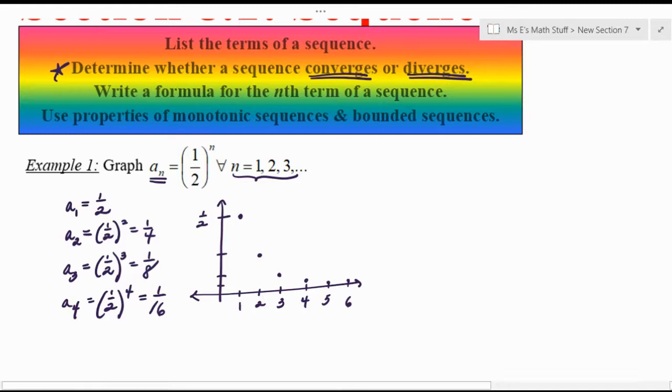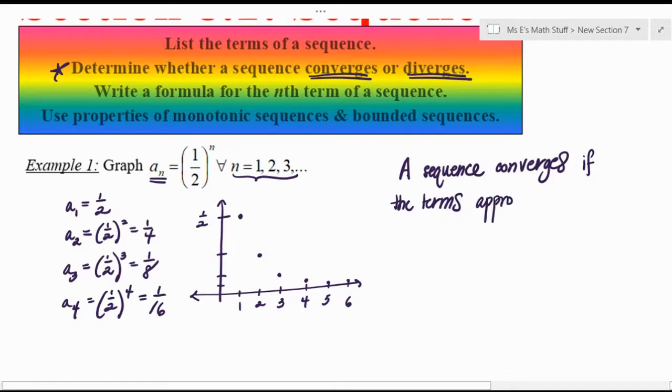We would say a sequence converges if the terms approach a finite value.